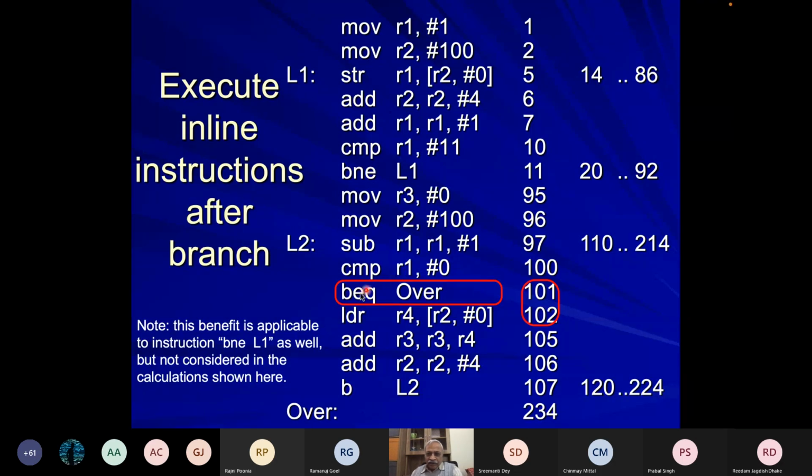So for example, look at this branch BEQ over, and I was mostly not branching. Okay, so if I had continued with these instructions, it would have been fine and I would have saved some time. So that delay is removed from here, and that delay gets removed from every iteration. So the total time is reduced to 234.